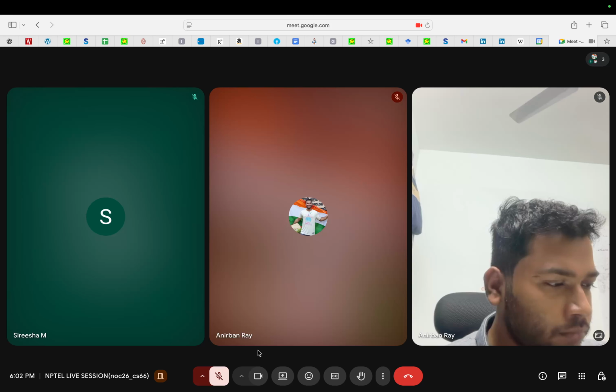Let me explain. For this it will be a1, for this a2, this is a3, so you have got a3, which is a scalar.